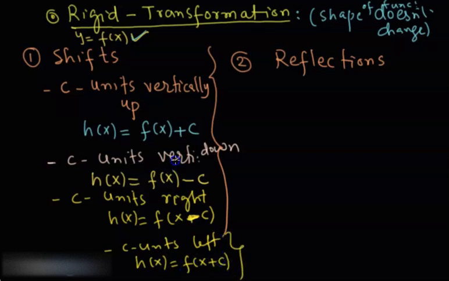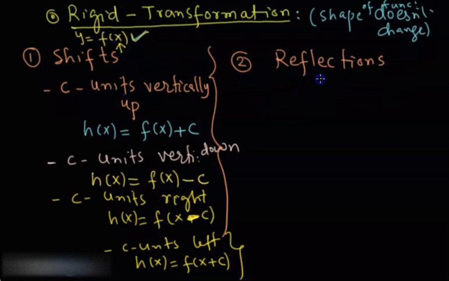So if you are adding c to this function, then it will shift upward. If you are subtracting c from this function, don't forget that c is positive, then it will shift down. And if you are adding c to this x, then it will move towards the left. If you are subtracting c from this x, then it will move towards the right. So subtracting right, adding left.